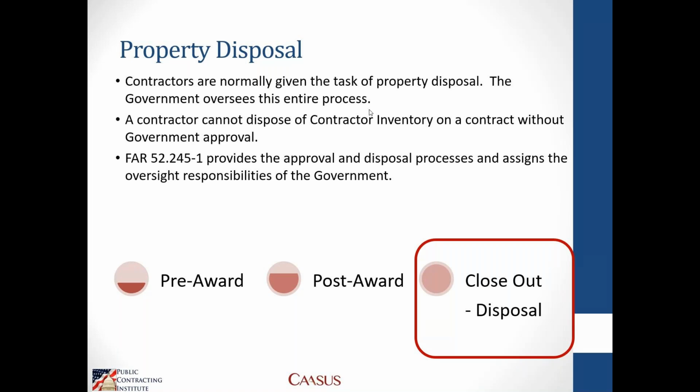As in the other scenario that we talked about, if you have another contract that could benefit from the use of the property, you could certainly make that kind of recommendation at that point. The basic clause provides the approval and disposition procedures and assigns oversight and ultimate decision authority to the government.